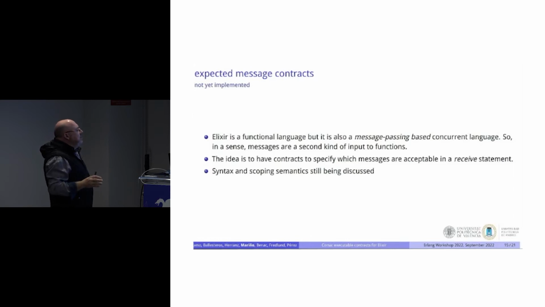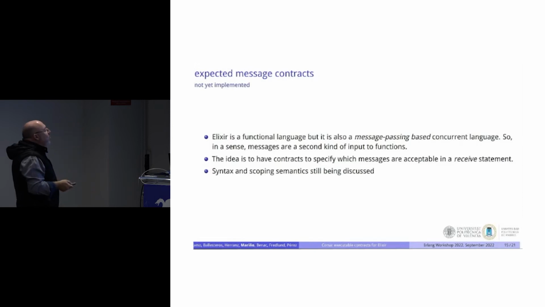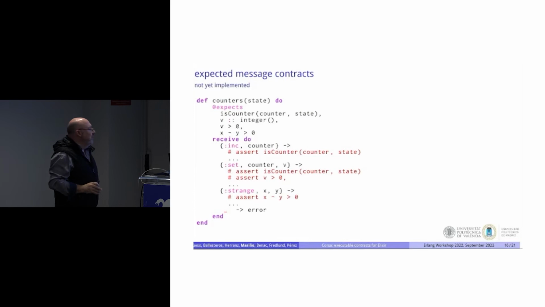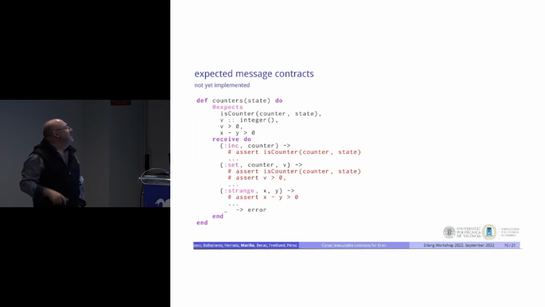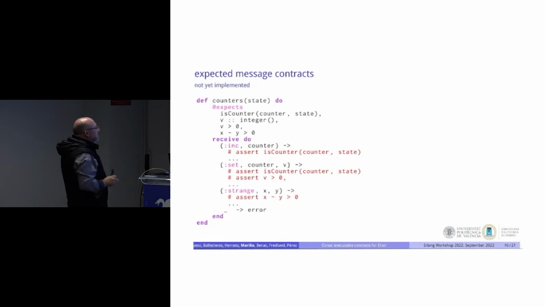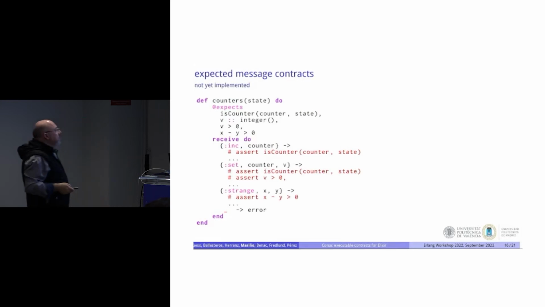We have considered several syntaxes for this, and I'm going to show one of the possibilities. So it's not necessarily the syntax that will make it into the public repo. So basically, what I have written here are the assertions that would be built from this kind of contract.